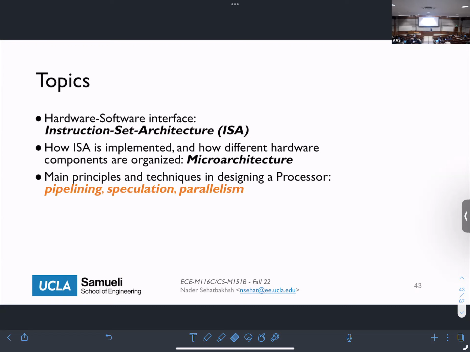We talked about pipelining, we talked about parallelism, we talked about speculation and prediction in general, right? Then we moved on to the memory hierarchy. We talked about caches and memory hierarchy. We talked about various different things, including what we do for replacement policy, why we need multiple levels of caches and so on. We talked about main memory. We talked about virtual addresses and all those things.